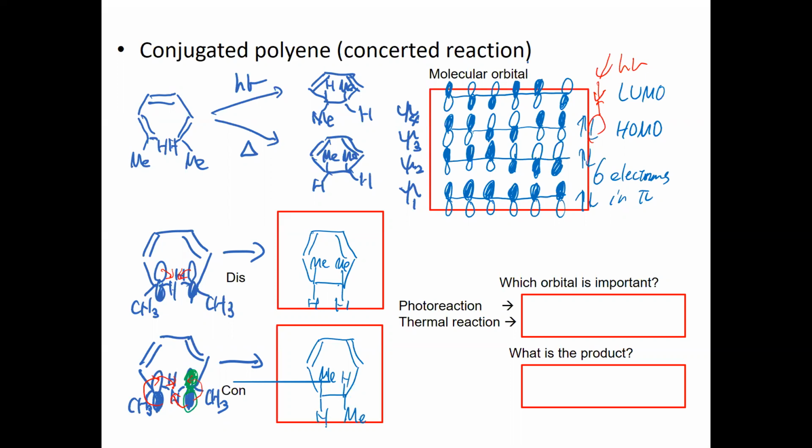So the key point to take is that in the photoreaction, the LUMO is important, but in the thermal reaction, the HOMO is important, because in the thermal reaction the electrons are only in the HOMO, so there's no electron in the LUMO.